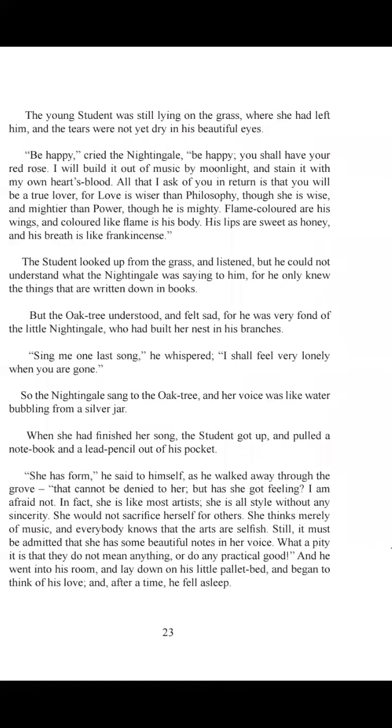But the oak tree understood and felt sad, for he was very fond of the little nightingale who had built her nest in his branches. The oak tree, where the nightingale built its nest, understood what the nightingale was saying, what the nightingale was requesting the boy.